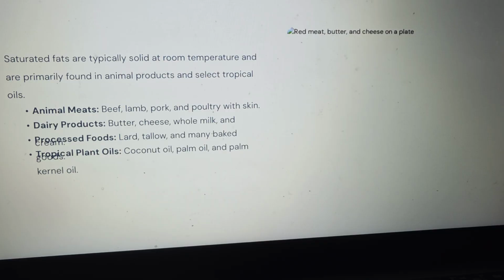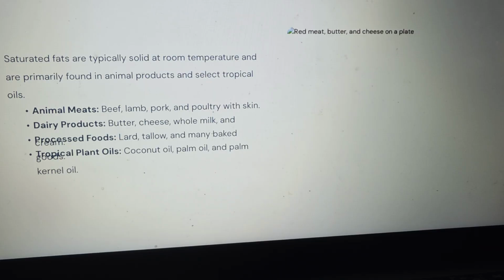Regarding plant-based oils, very few, like coconut oil, palm oil, and palm kernel oil, contain saturated fat. If you carefully observe, those oils are solid at room temperature, meaning we need to give good attention that these are a very good source of saturated fat, and it directly contributes to a high level of cholesterol.